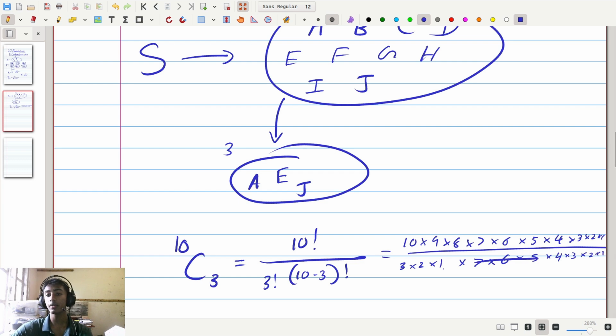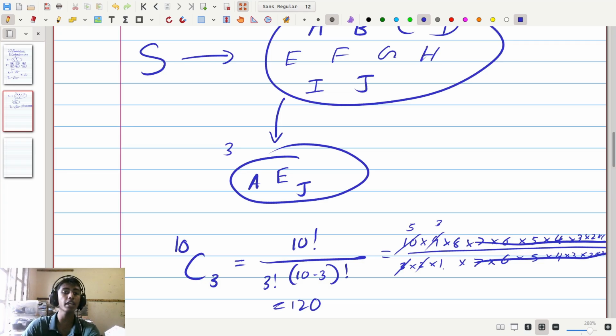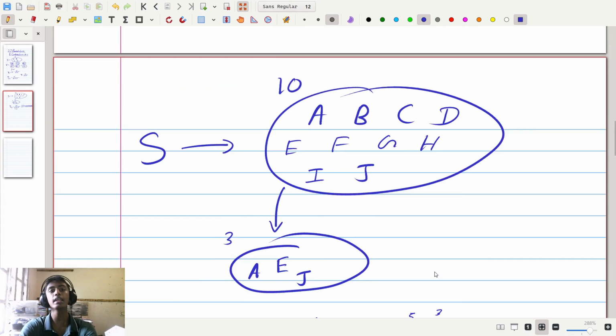We can see that all of these terms cancel with all of these terms. Simplifying the rest, we can see that this 3 and this 2 cancel with this 9 and this 10, giving us another 5 here. So we have 5 times 3 times 8. 5 times 8 is going to be 40, and 40 times 3 is going to be 120. So therefore, 10 choose 3 is 120, meaning that the total number of subsets of 3 students that we will create from our original set of 10 students is going to be a total of 120.